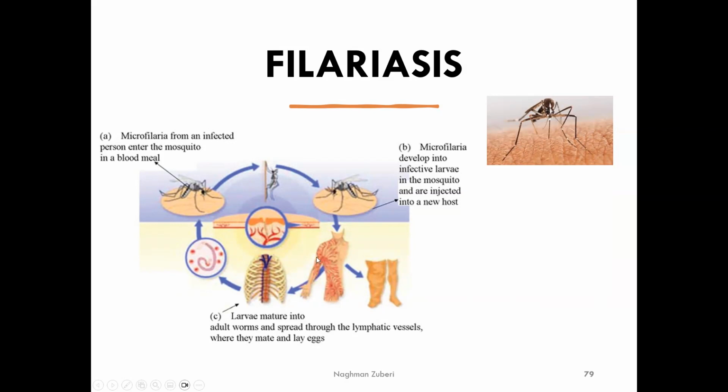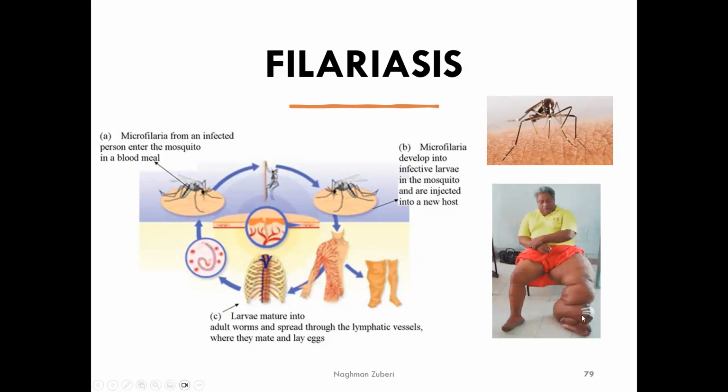And again, that person will be a source of infection. When a mosquito bites them, it will take larvae from there and spread them to healthy people again. This is how elephantiasis may occur, one of the major reasons of disability after leprosy.